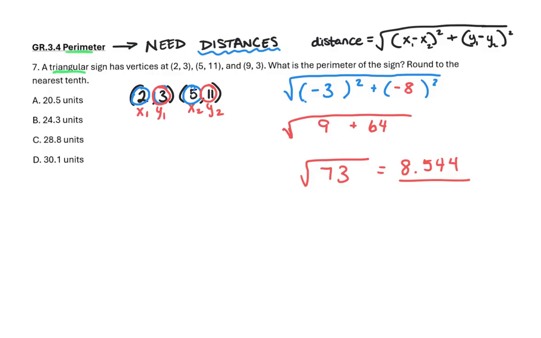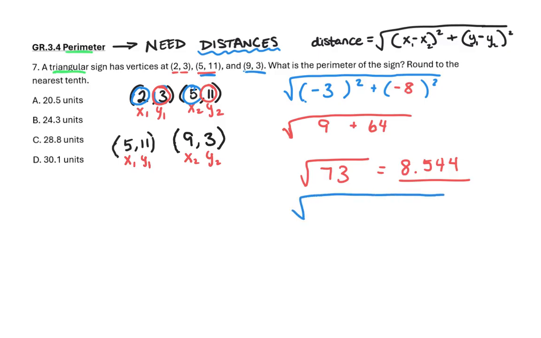Now let's do another set of points. So we did the first 2. Now let's do the second 2. So 5, 11 and 9, 3. So that would be our x1, y1, x2, y2. Okay, so again, I'm going to skip a few steps.